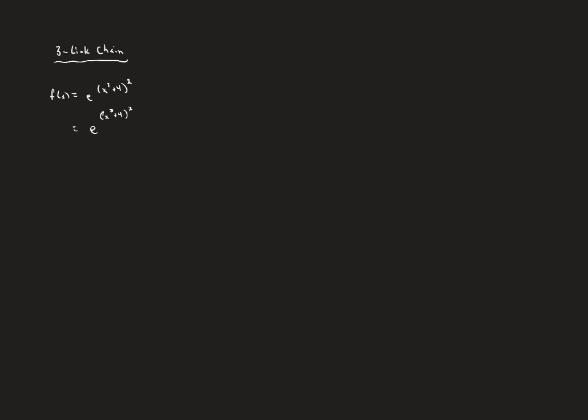So we're going to think of that now as u squared. And so that will be 2u to the 1st times the du. So we're going to go now 2 times (x^3 + 4)^1, and then times the du, the derivative of that inside function, which is 3x^2.